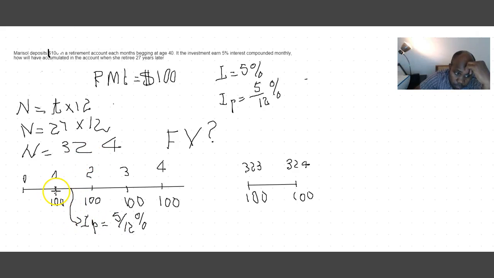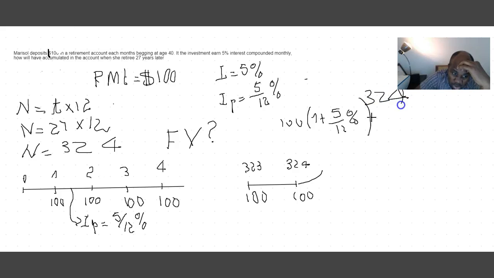For the first deposit, that's 324 periods. For its value at the end, it's going to be $100 compounded, 1 plus 5 over 12 percent, for 324 periods.